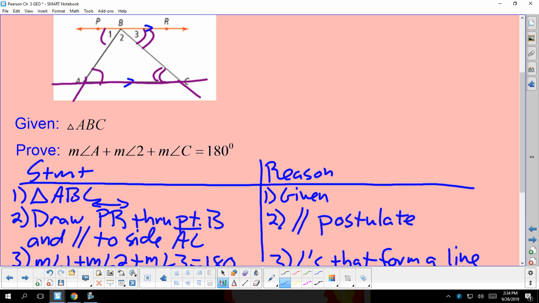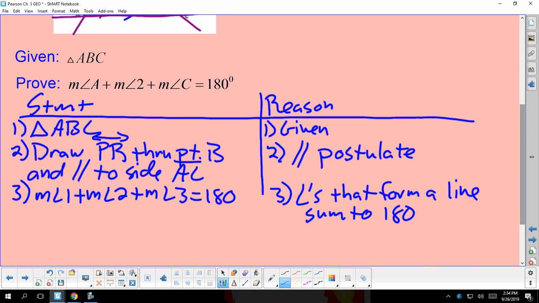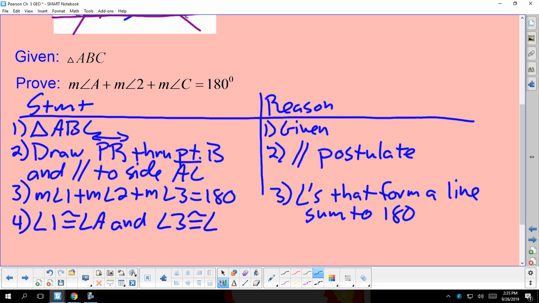So now, I'm going to state that angle 1 is congruent to angle A, and angle 3 is congruent to angle C. And that's our alternate interior angles theorem. I'm not quite ready, though, to substitute those in.